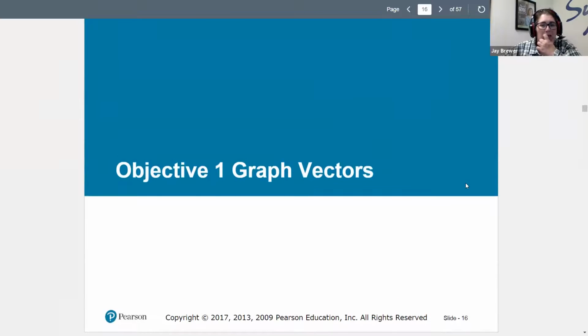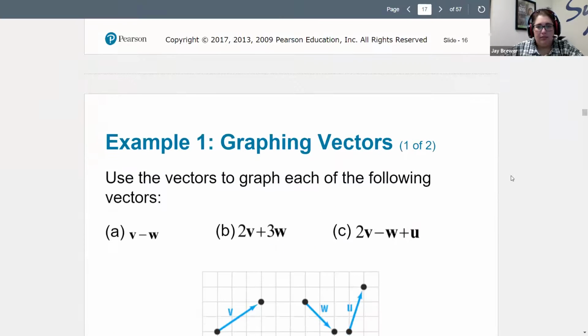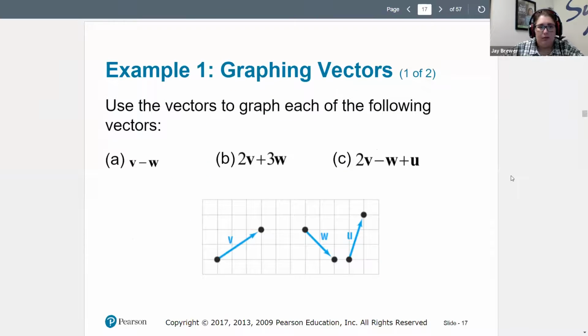Any questions on the definitions of vectors before we get into graphing? No? Okay. So example 1, you can see the following vectors are drawn out. You have v minus w, 2v plus 3w, and 2v minus w plus u.